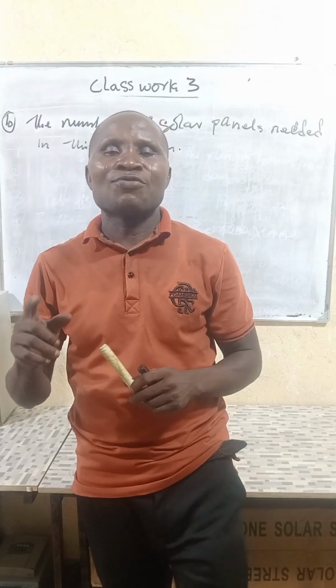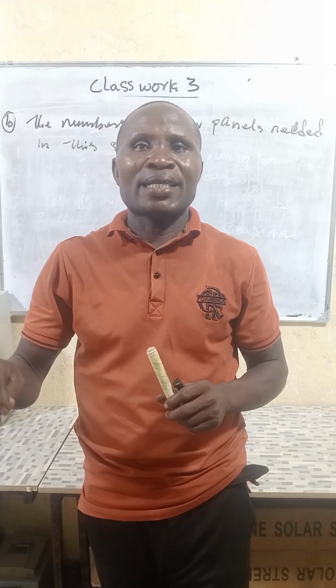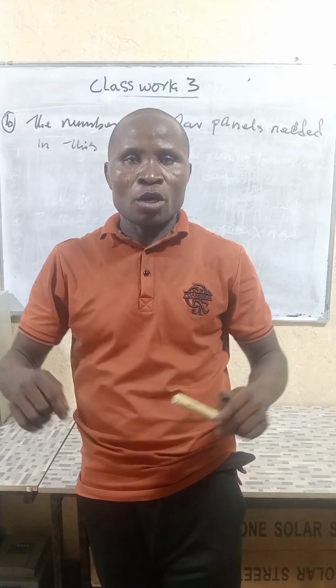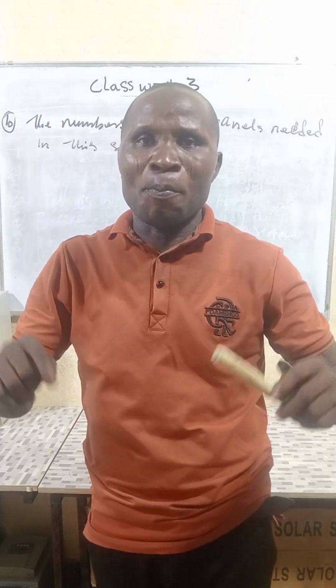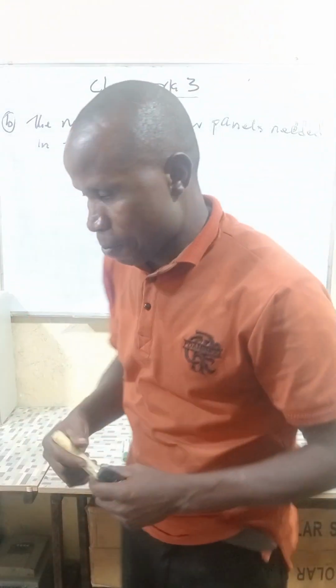If we are having 5 hours per day, then the total solar panel wattage needed is equal to what? Your total energy consumption per day divided by the peak sun hour.